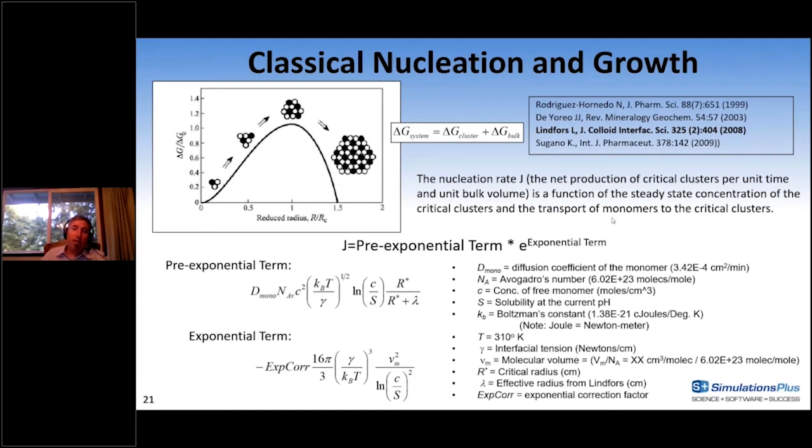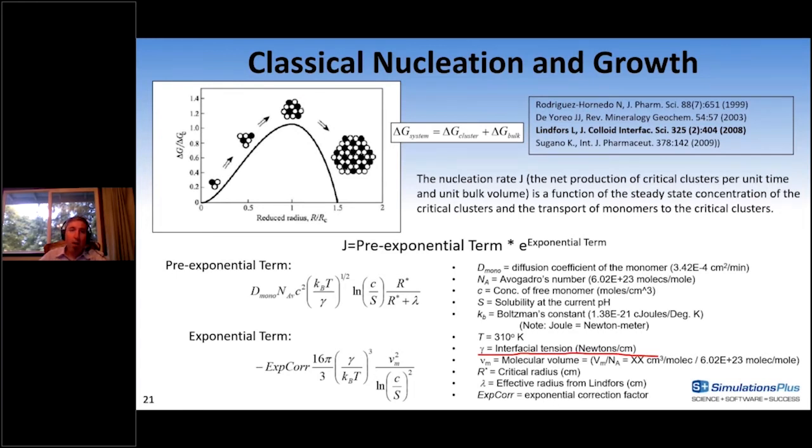But basically, we're looking at the nucleation of the drug molecule, and the thermodynamics of crystallization is determined by basically the free energy of the cluster. So key parameters that you'll want to look for here, and let me use the pointer here, is the interfacial tension of the molecule.